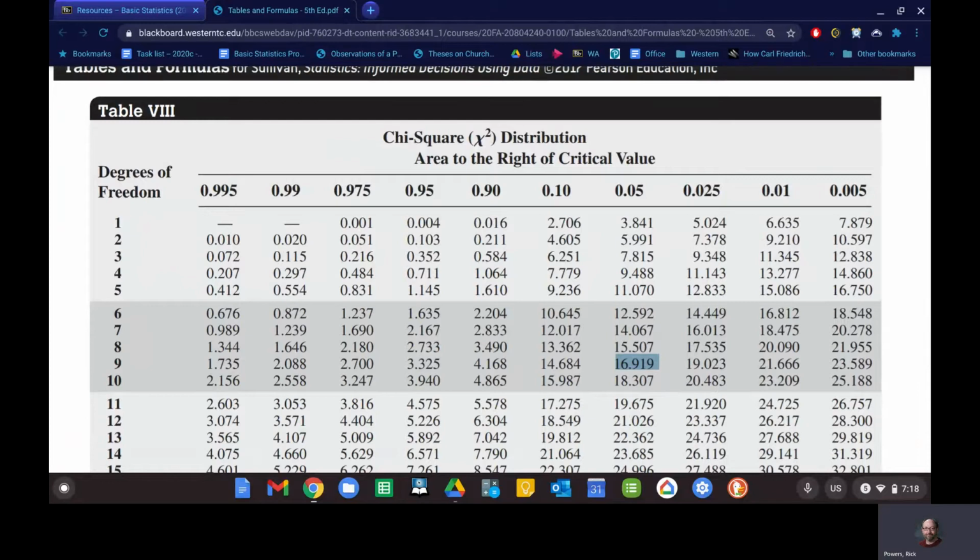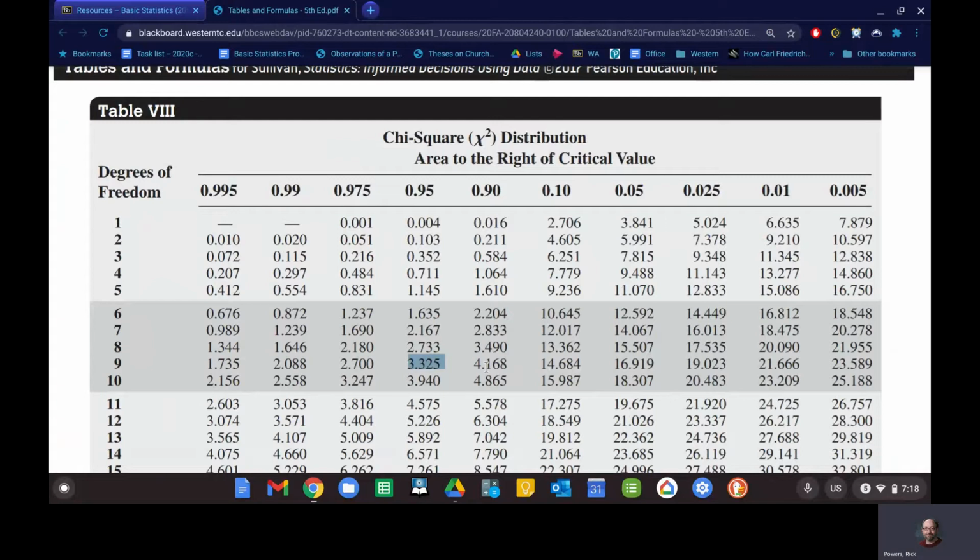But then if I want 5% on the other side, I can't use this 0.05. I have to go over here to the 0.95. It's confusing, I recognize, but it's an unfortunate tradition in statistics that chi-squared tables always refer to the area to the right.